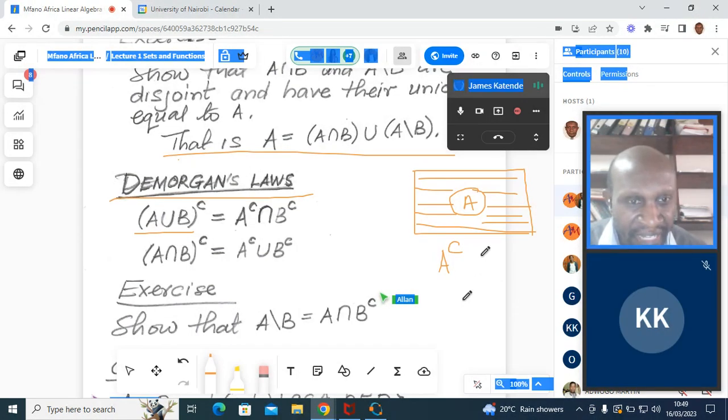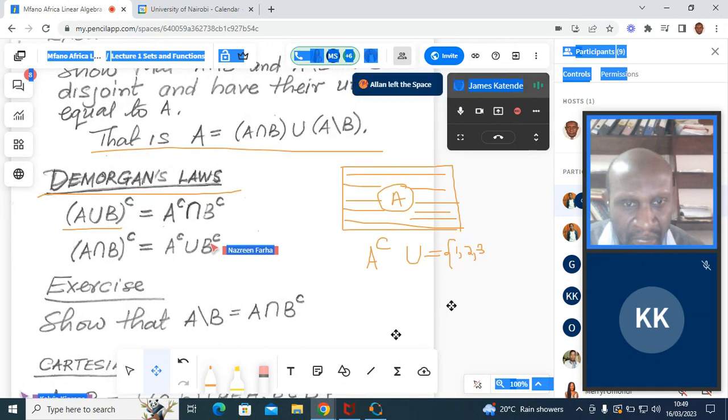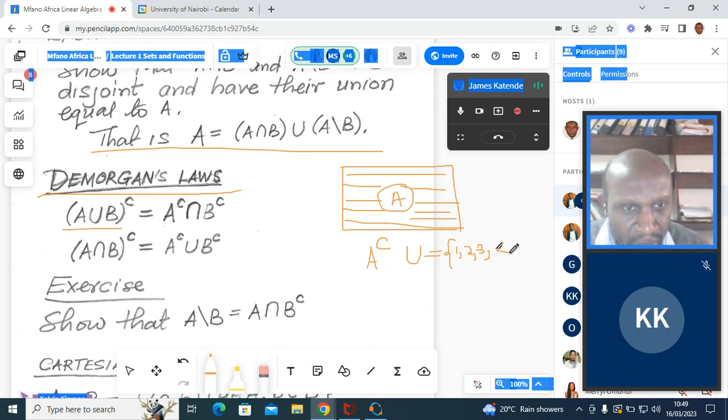So for example, if I have a set U, let's just pick a small set containing 1, 2, 3, and maybe 4. That's our universal set.